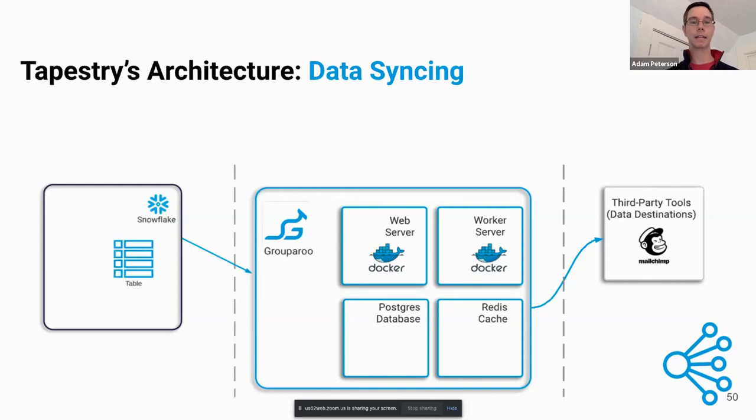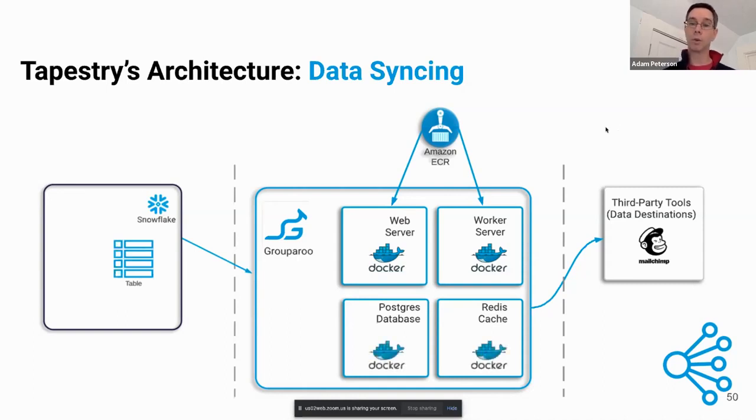And because of that, any configuration changes require the Grouparoo Docker image to be rebuilt. So we chose to push the image that we provide to a repository on AWS's Elastic Container Registry, giving the user easy and private access for any future updates.